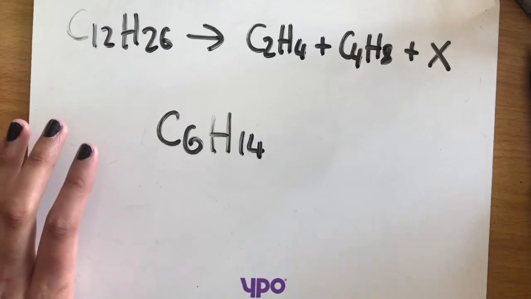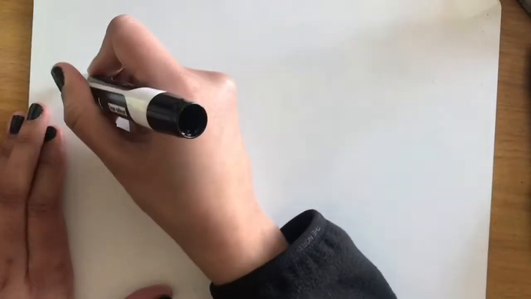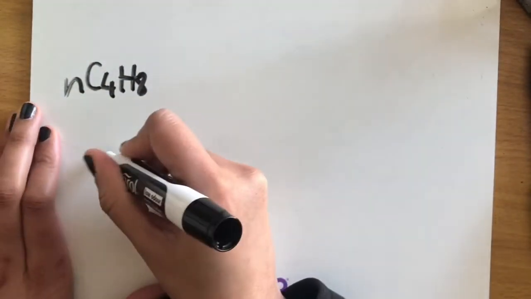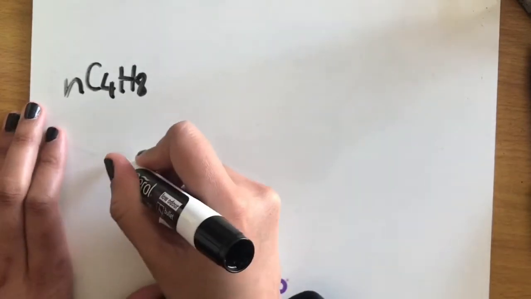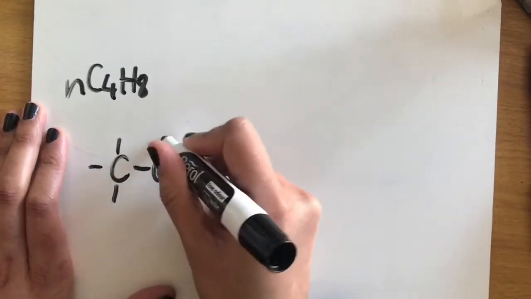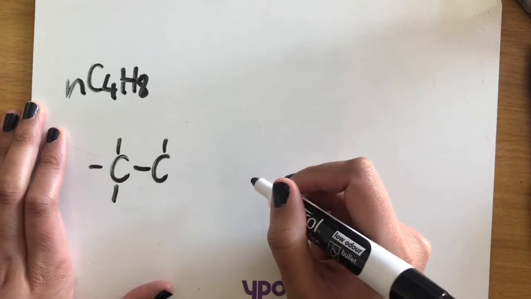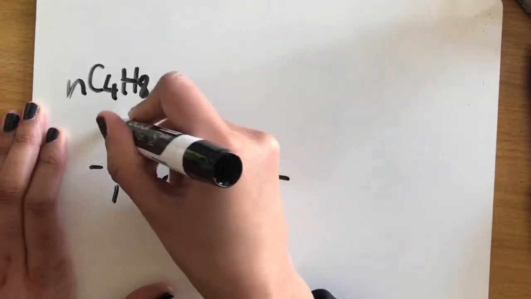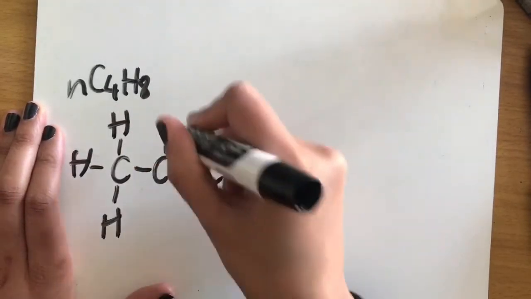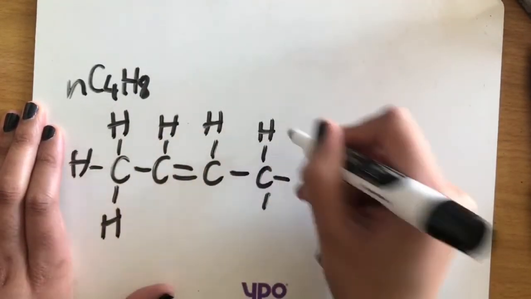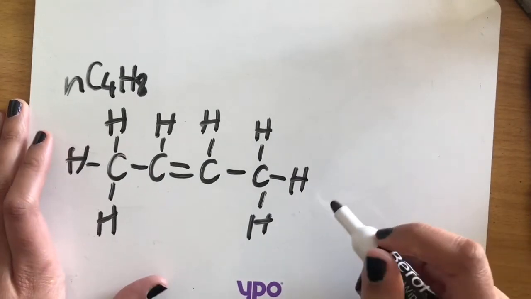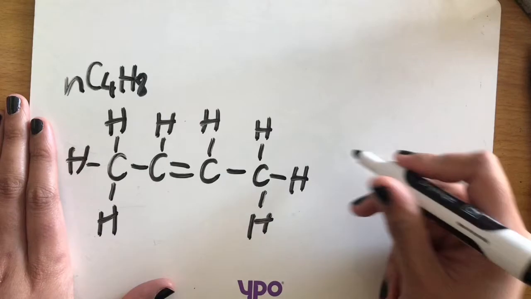Name polymer Y. So polymer Y has been formed from n molecules of C4H8. So that molecule here. Now, in this example, this would have been the starting structure. And the reason I know this is because of the actual polymer that's been produced.